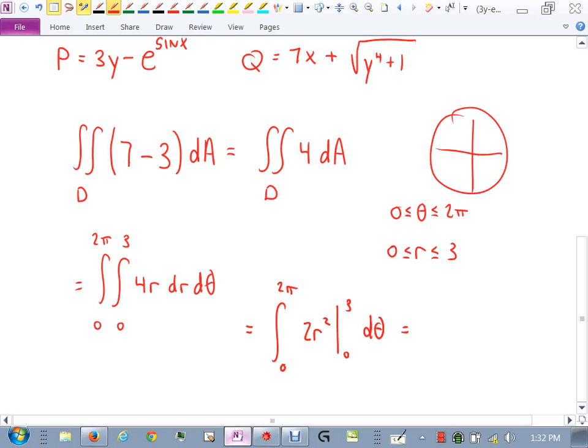So we plug in 3 squared, 9, 18, right? So we got 0 to 2 pi, 18 d theta, which is 18 theta, evaluated 0 to 2 pi. So you get 36 pi.